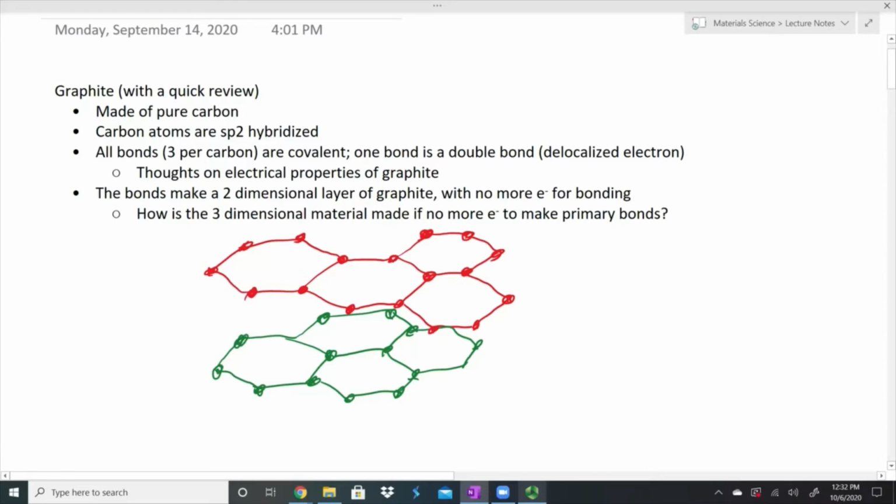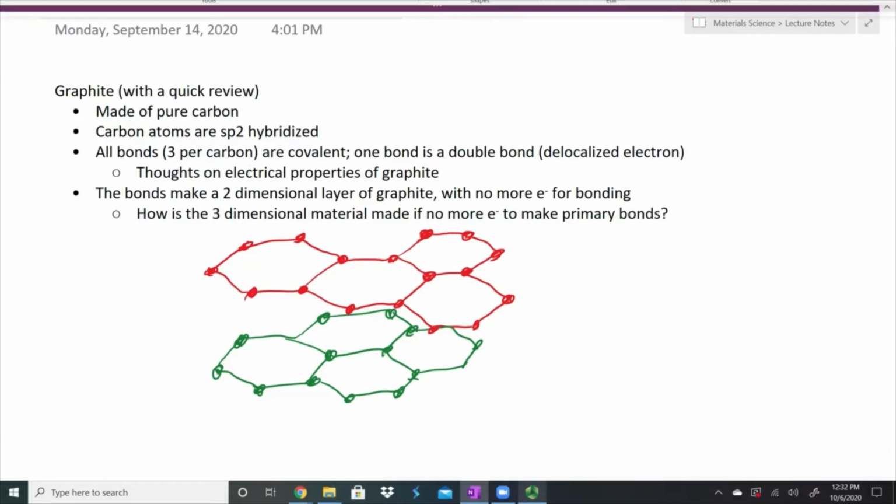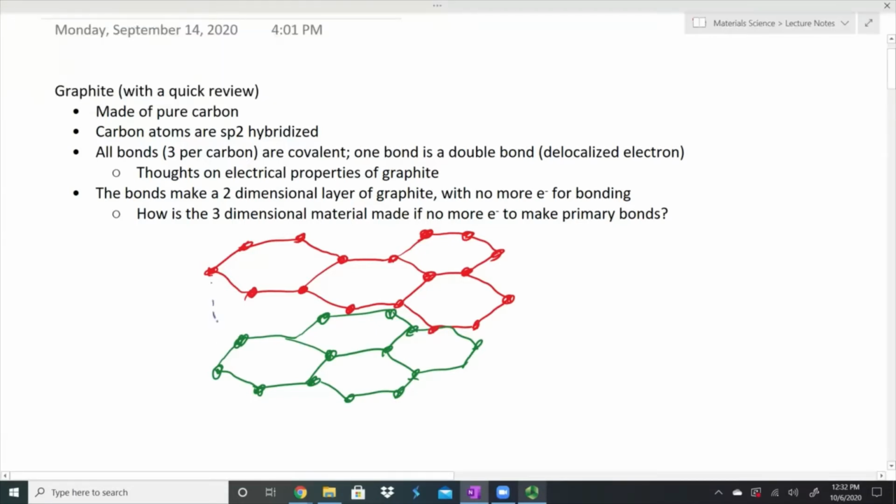These carbon atoms are going to be attracted to each other through van der Waals forces. And so I have a van der Waals attraction between these 2 planes.